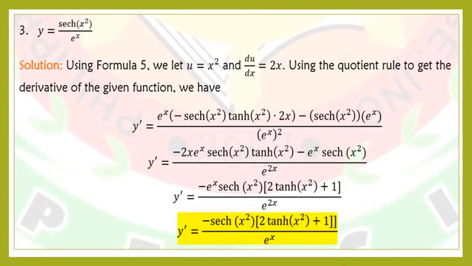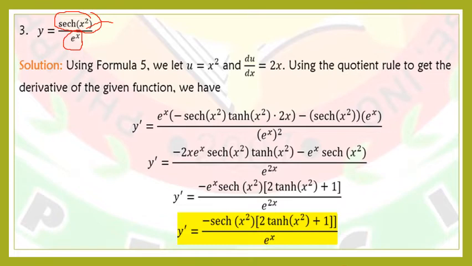In this example, the given hyperbolic function is the secant. y is equal to the hyperbolic secant of x squared over e to the power of x. This means there is an exponential function involved. Using formula 5, we let u equal x squared, and the derivative of x squared is 2x.